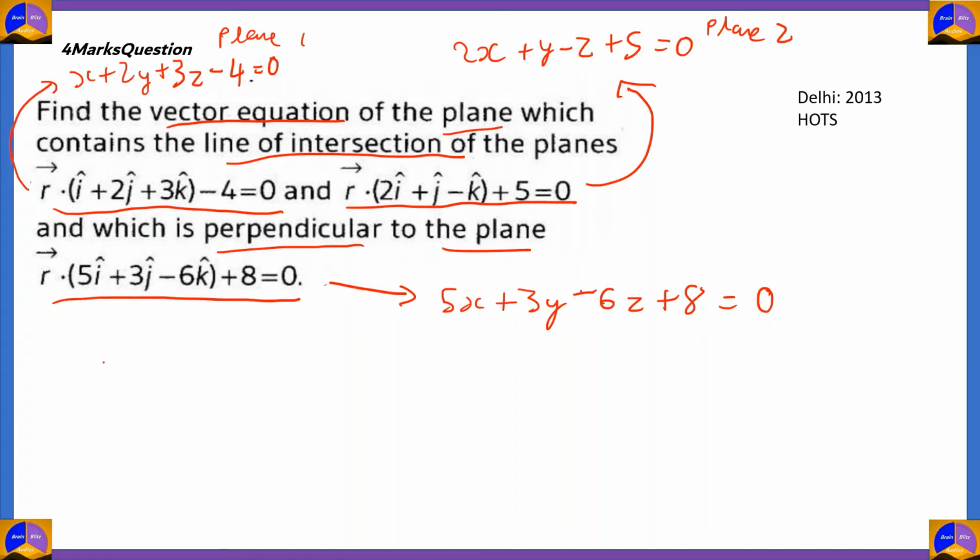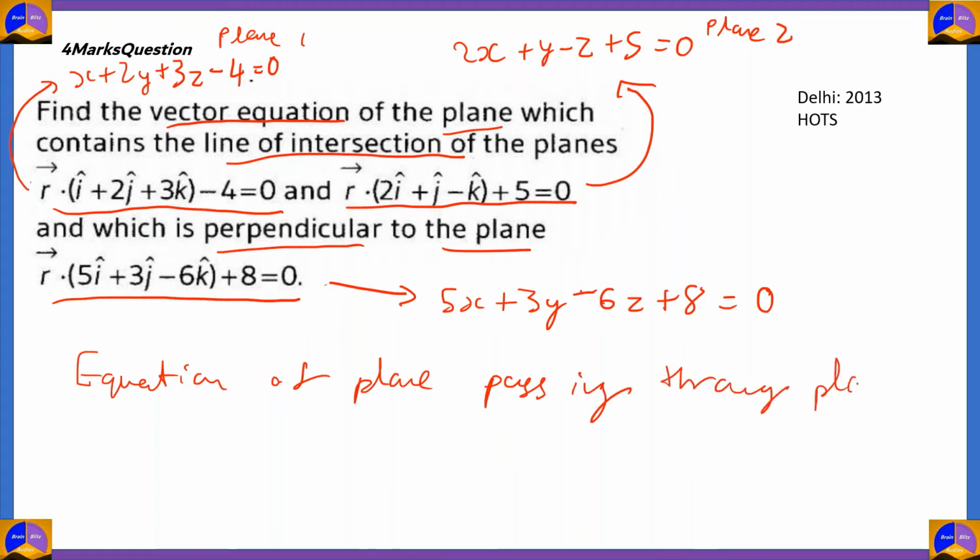So we need to find the equation of the plane which contains the line of intersection of the planes. So the plane in our question passes through the intersection of the planes x plus 2y plus 3z minus 4 is equal to 0 and 2x plus y minus z plus 5 is equal to 0. So the equation of a plane passing through plane 1 and plane 2 will be equal to plane 1 plus lambda times plane 2.